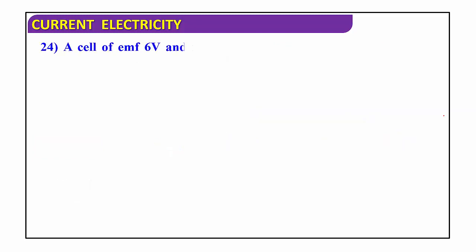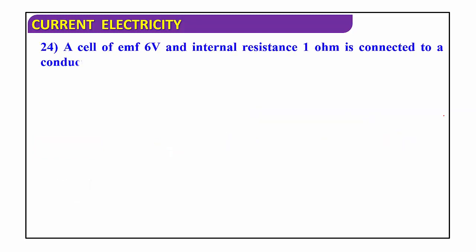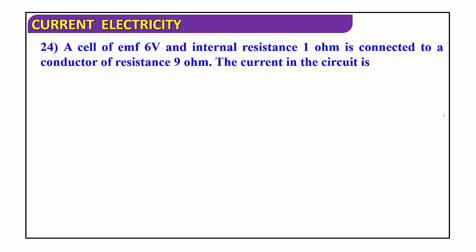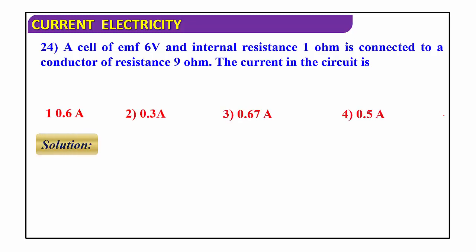Come to the next question, 24th question. A cell of EMF 6 volt and internal resistance 1 ohm is connected to a conductor of resistance 9 ohm. The current in the circuit is, they had given 4 options. Come to the solution.